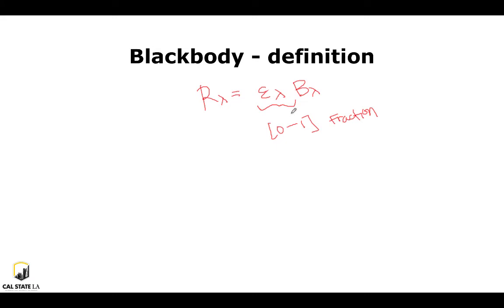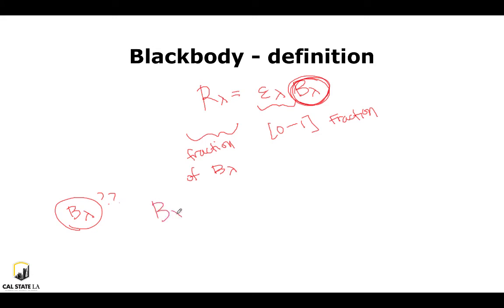That means that whatever radiation your body emits is going to be a fraction of whatever this B lambda is. So what is B lambda?